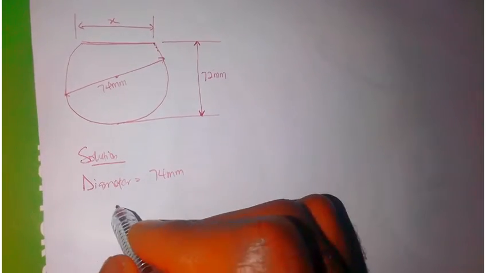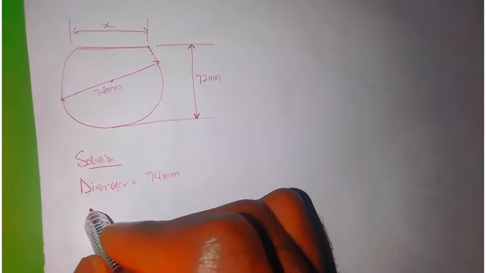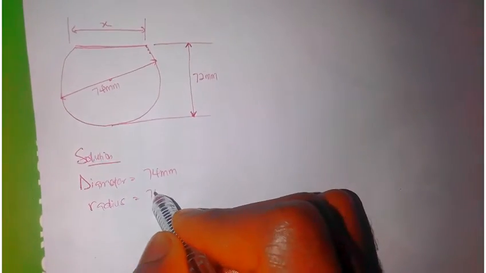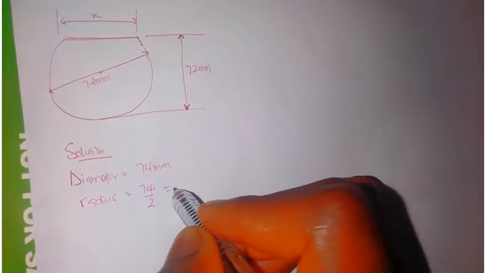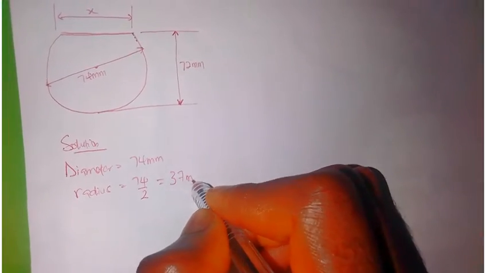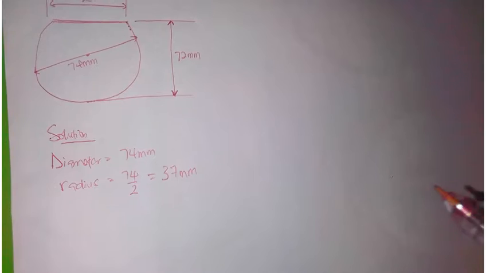It means our radius in that case is 74 over 2, which leaves me with 37 millimeters.